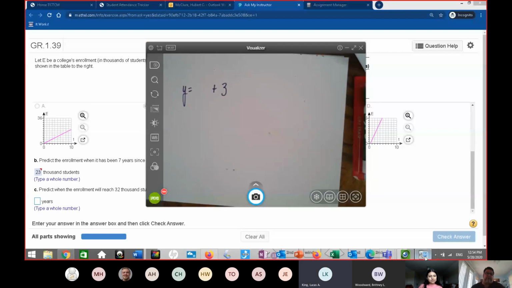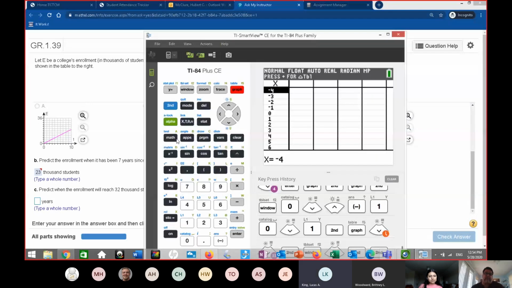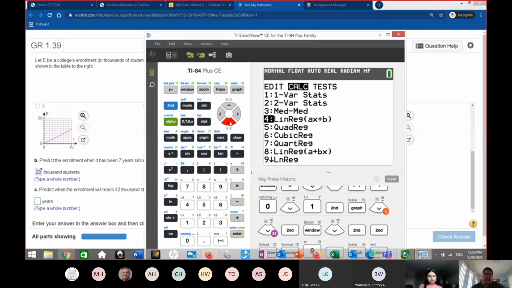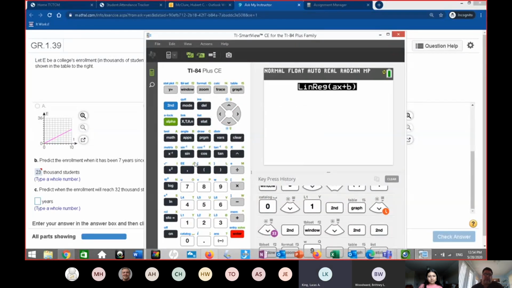Second, or stat, calculate, linear regression, calculate, 3x plus 2.